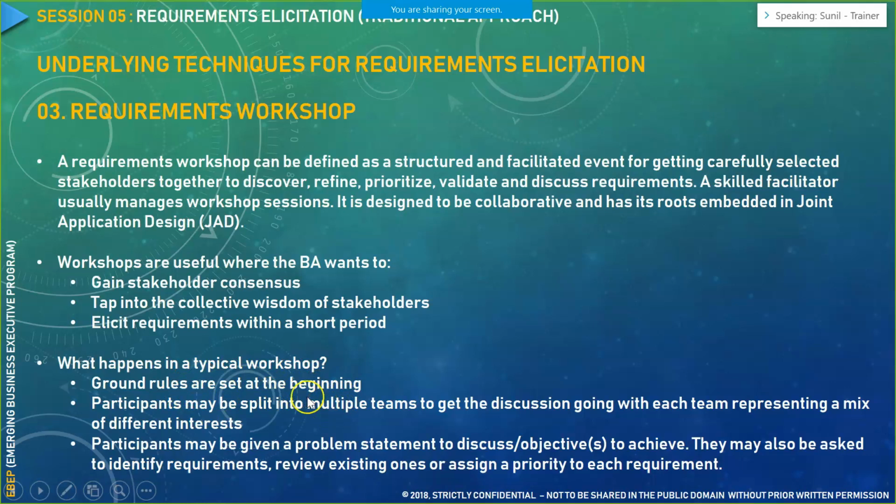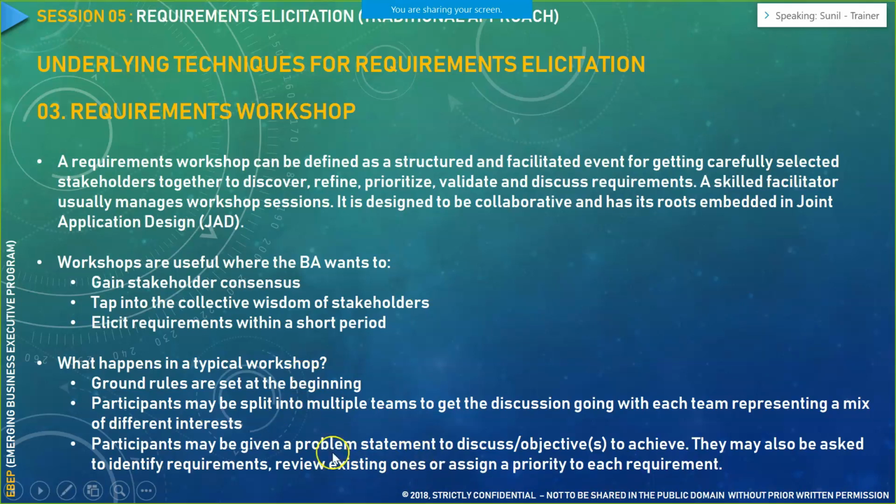Whatever things need to be discussed, you need to put in your agenda while sending the meeting invite. Then participants must be split into multiple teams to get the discussion going, with each team representing a mix of different interests, for example the development team, QA team, and the project manager or management team.